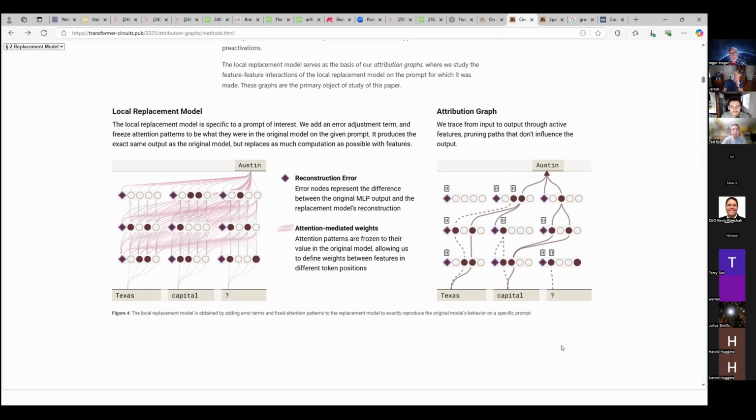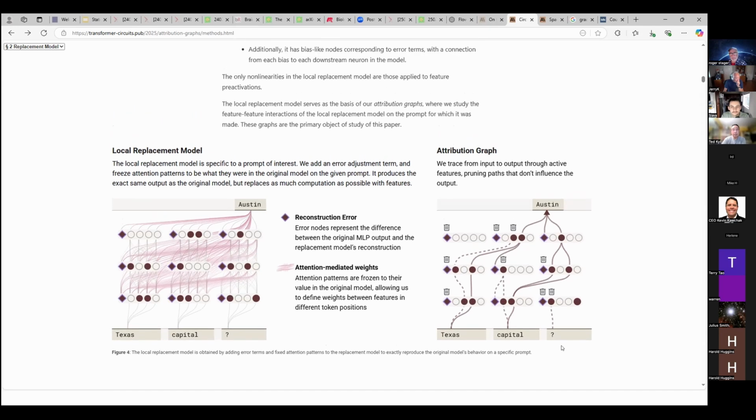Interesting. Okay. So the CLT is the thing that's doing this monitoring. The CLT is predicting the outputs of every MLP in a hopefully monosemantic way. Does the CLT include this local replacement part that's trained on specific queries?